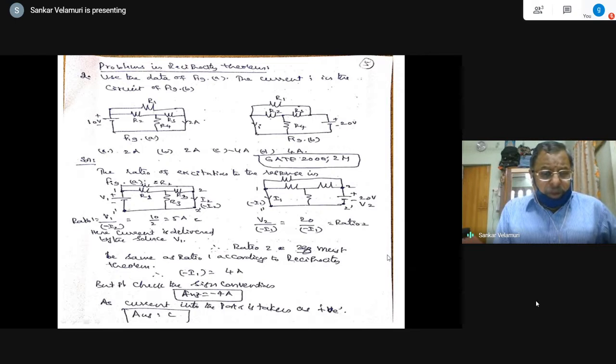So their ratio 2 must be same as ratio 1 according to the reciprocity theorem. In the sense, here the ratio is only 2, but the voltage is being given. If it is 10 volts only, that will be the same current, 2 amps. But the voltage that is being given is 20. So the ratio, even though it is same, it gets now doubled because of that voltage difference.